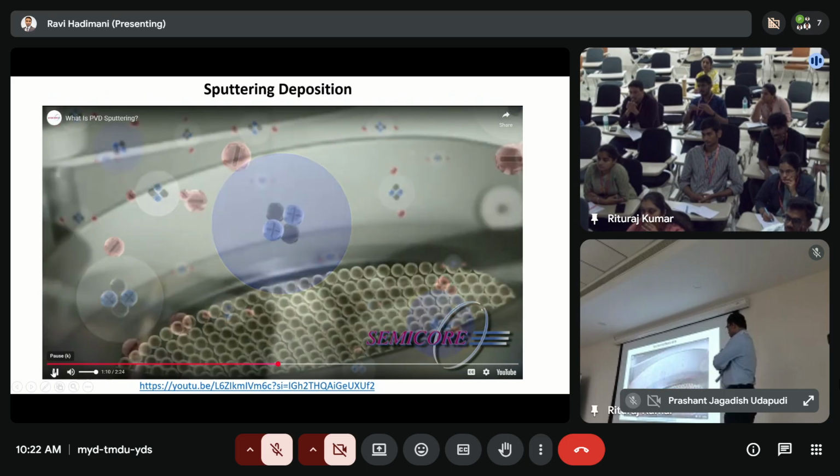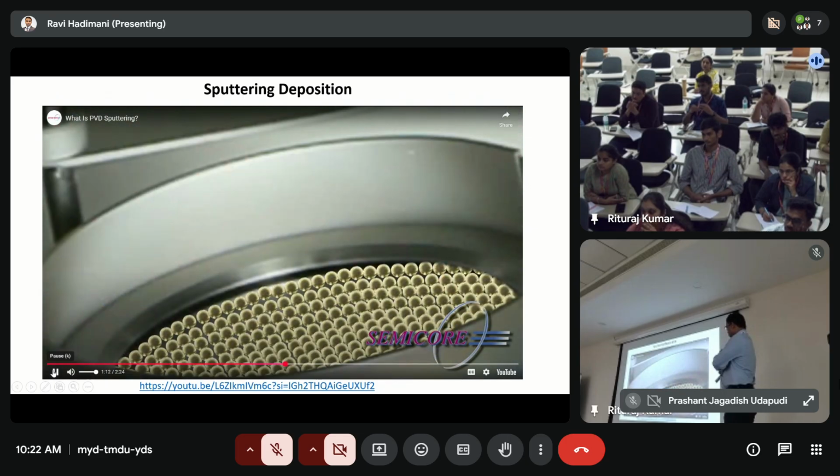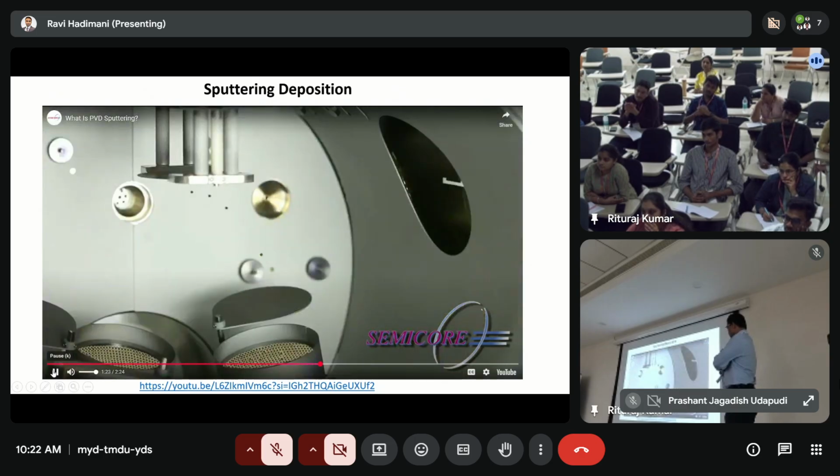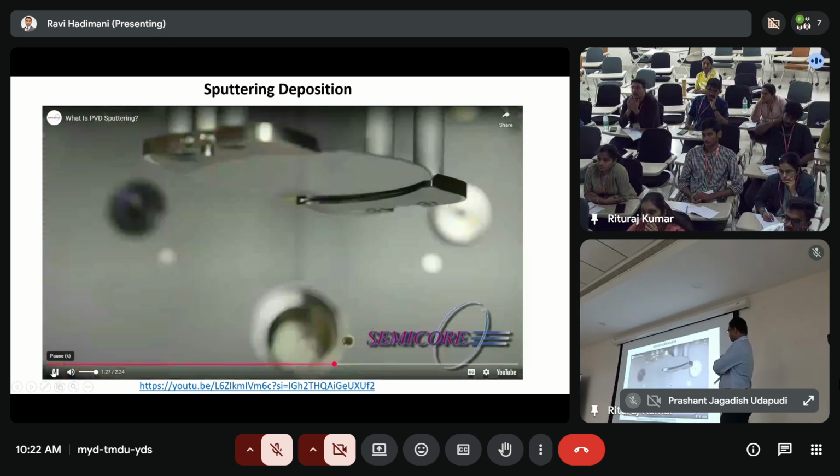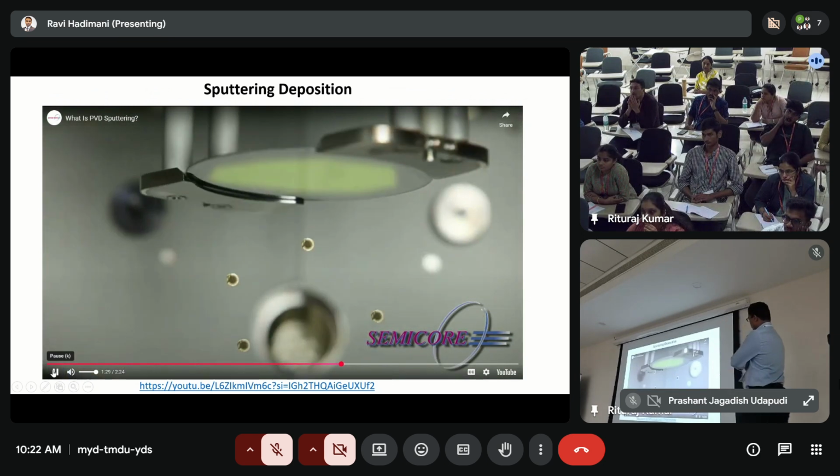The positively charged ion is accelerated towards the magnetron. This ion carries enough energy with it to knock off some of the magnetron's target material. This target material will then collect on surfaces in the path the magnetron is directed at. This is how material collects on your substrate.